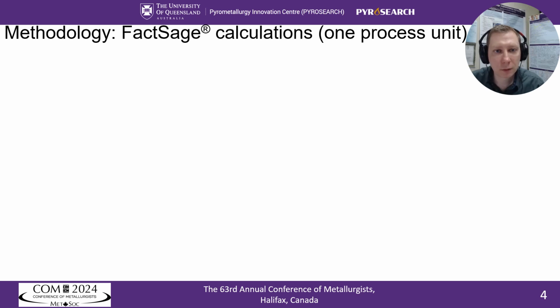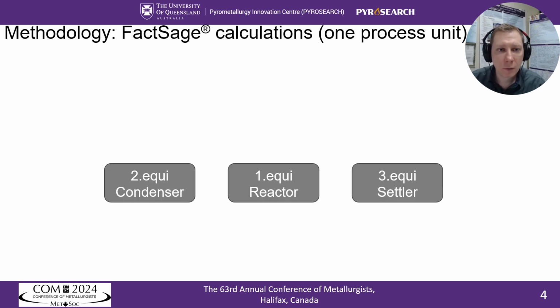Let's talk about using thermodynamic calculations for process units. First, each process unit can be represented by several equilibrium calculations. The number of equilibrium calculations depends on the level of depth of analysis and availability of detailed information inside different zones of the reactor.